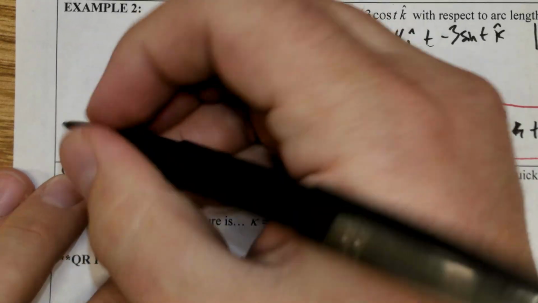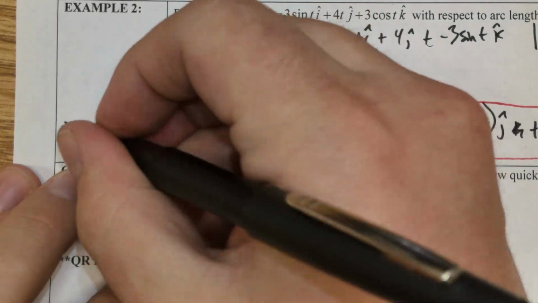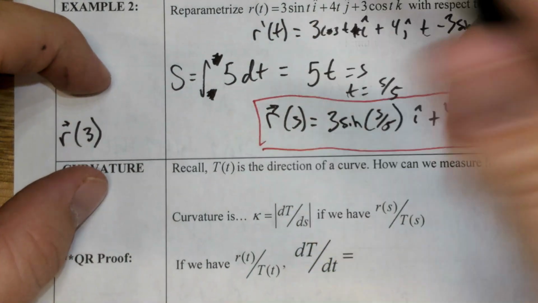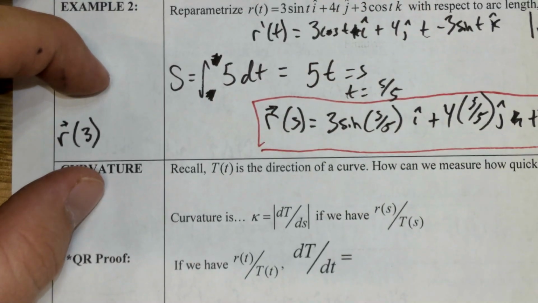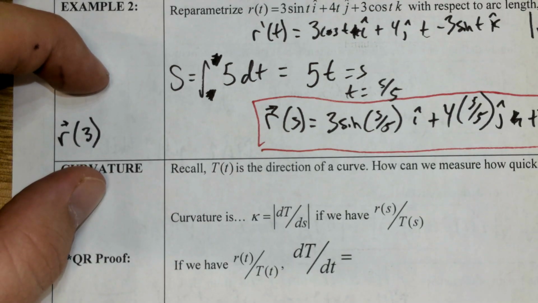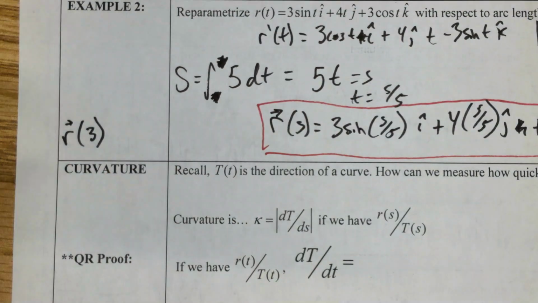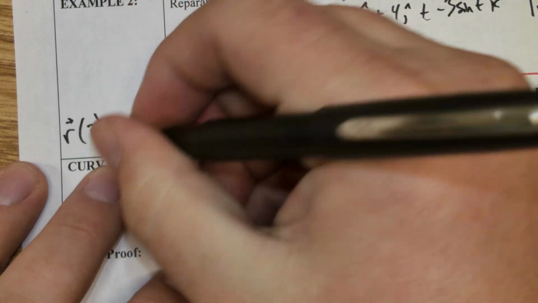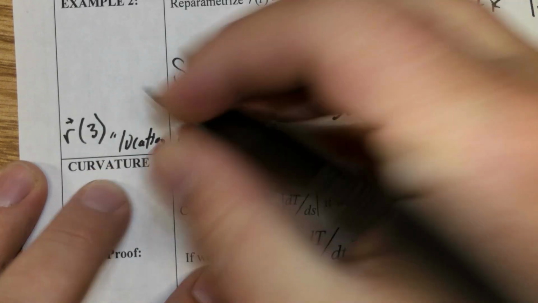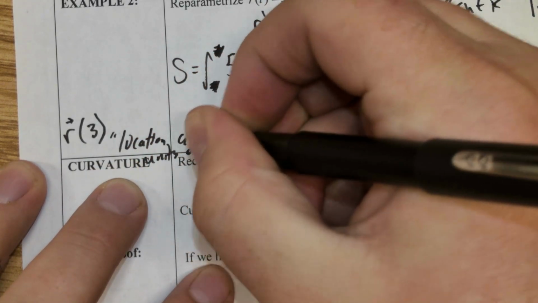And also what I'd say is, please make sure you understand this. Now that I reparameterized, I'm not talking about r of t anymore. R of 3 means my location after 3 units of travel.